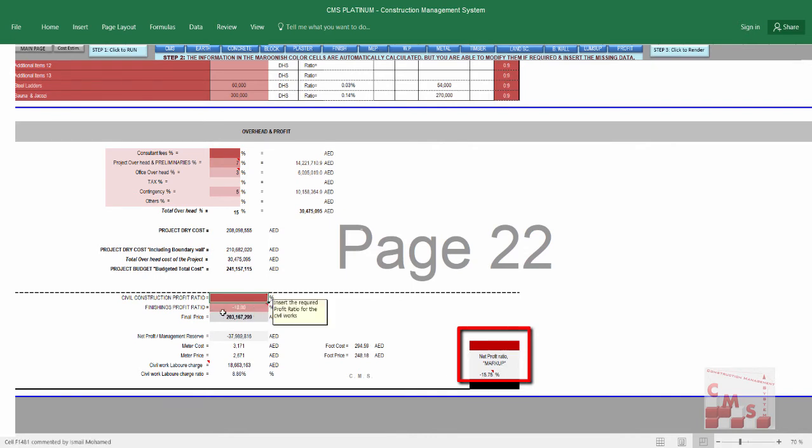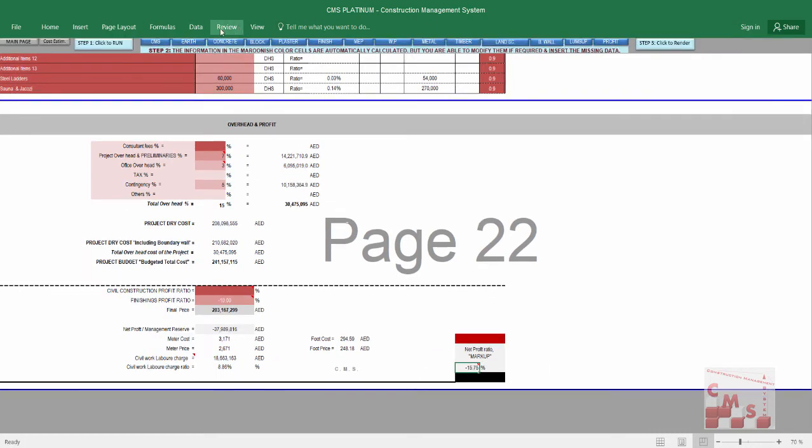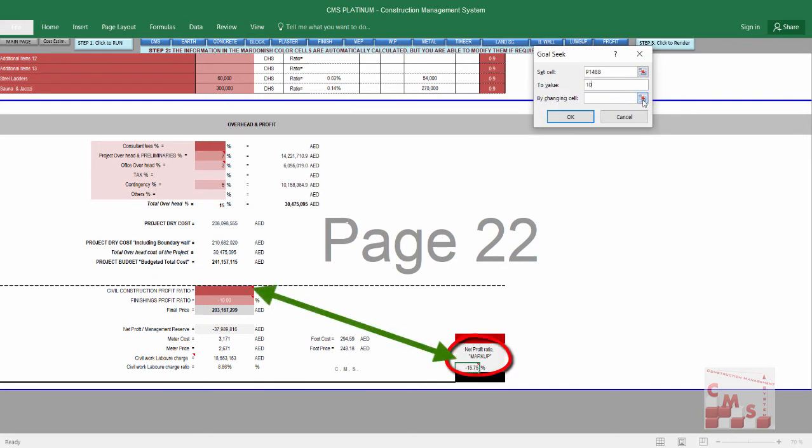So this equals this minus 10. Then we'll go for goal seek. We need this to be 10, right? So we'll choose this and we'll ask for goal seek. This one to be 10, when we change here.